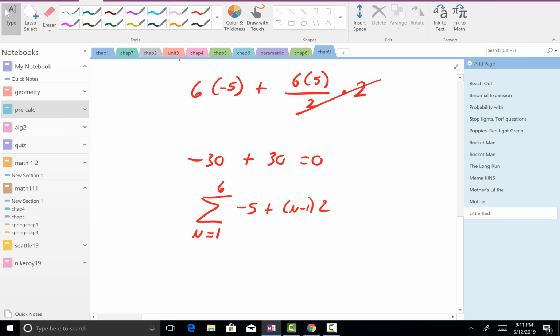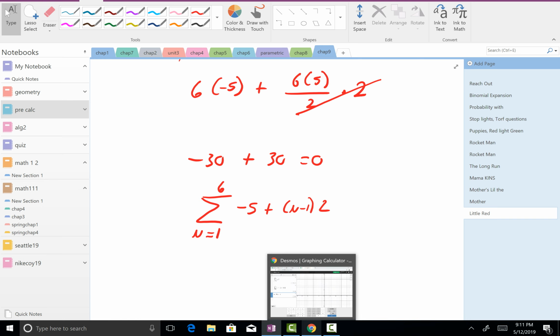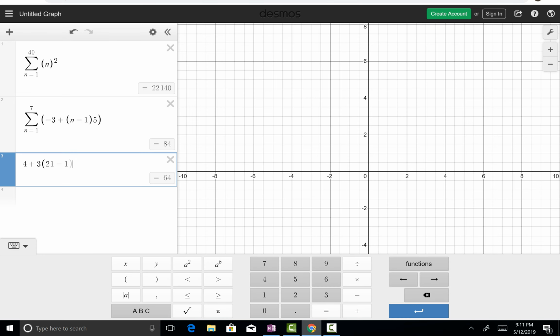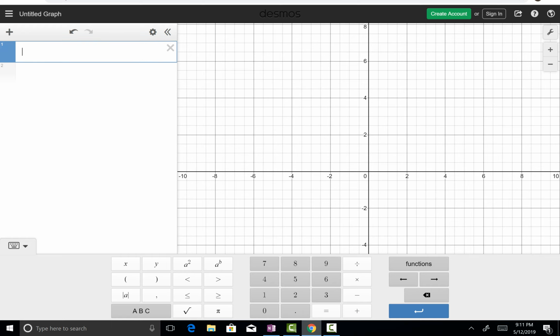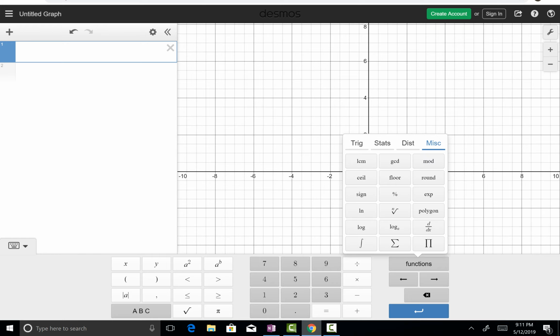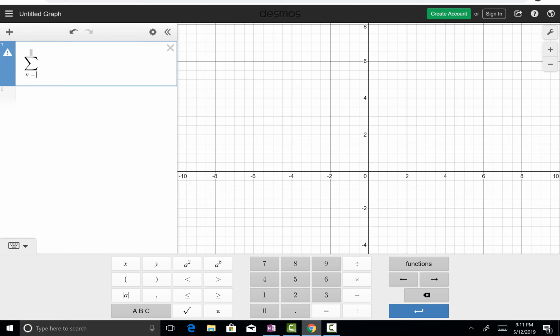And then if we wrote that out and put it in, we can get it. Okay, so we can either use the regular Desmos for this, all right, or you can open up and use the document I have for you, right? This has to be in parentheses.